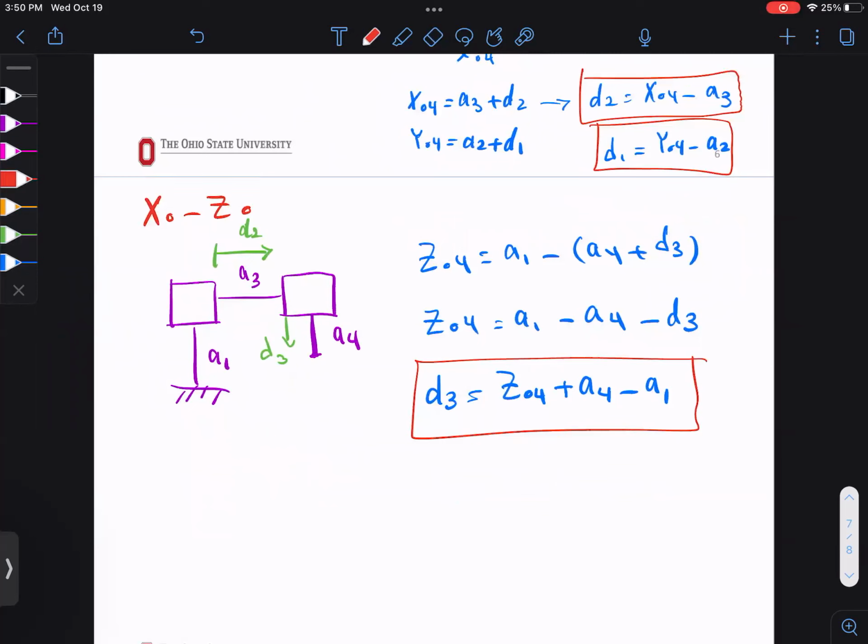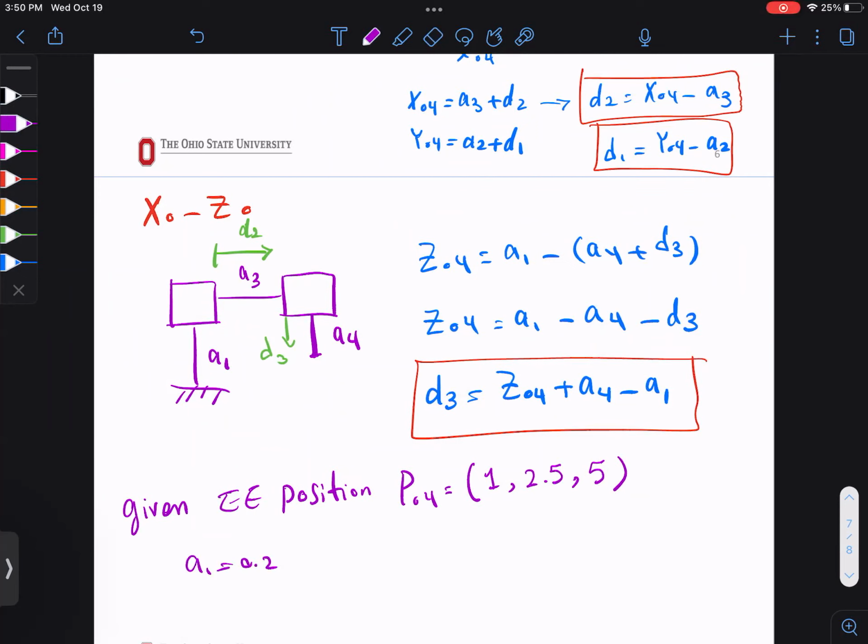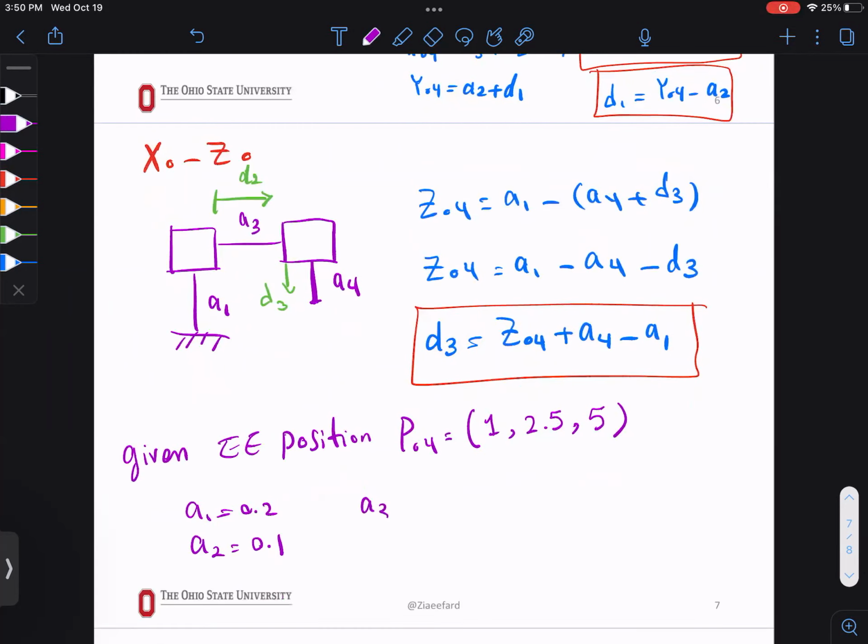Now, if I tell you, given end effector position, P04 is, I don't know, 1 centimeter, 2.5 centimeter, and 0.1, well, it would be ridiculous, and 5, and then having A1 is 0.2, A2 is 0.1, A3 is, what direction is that?